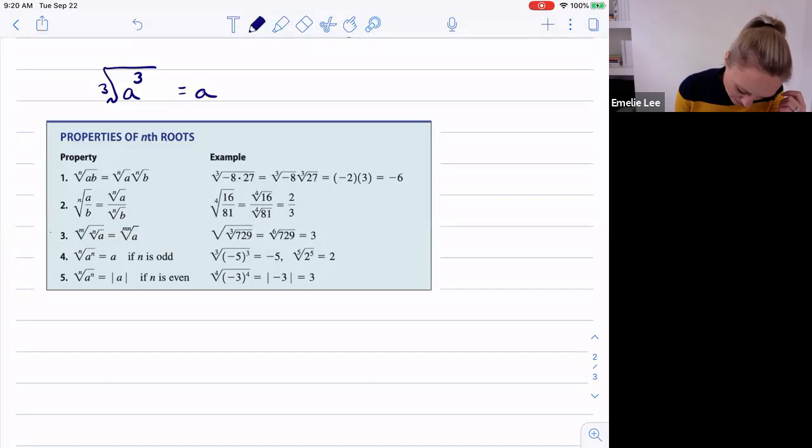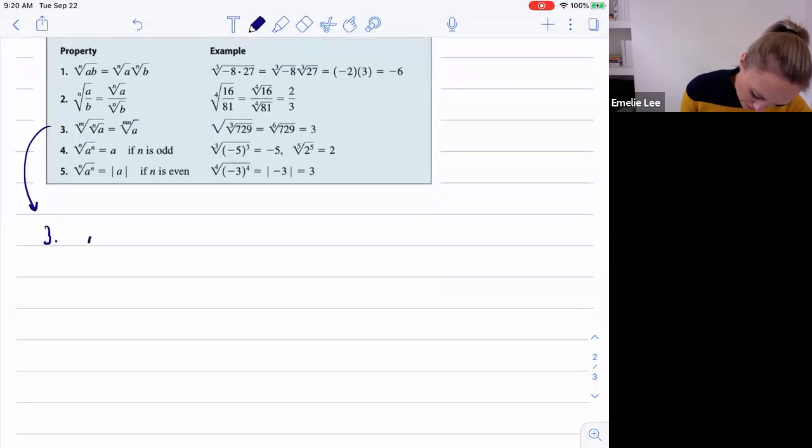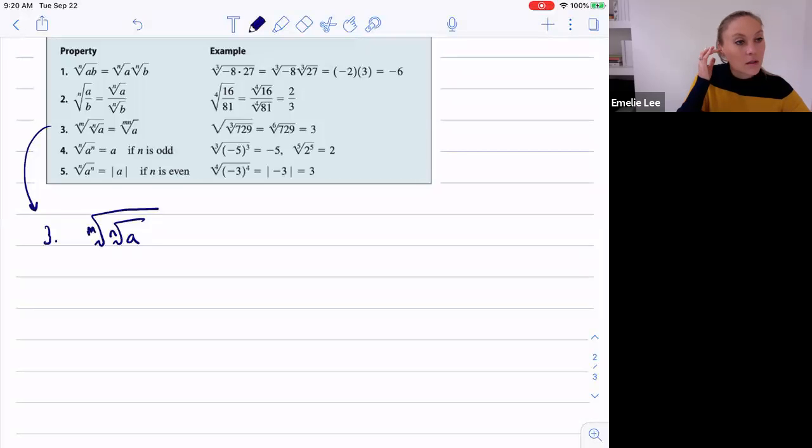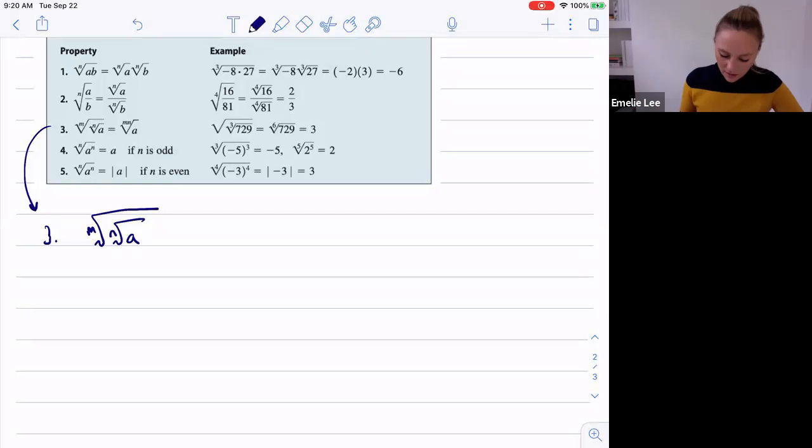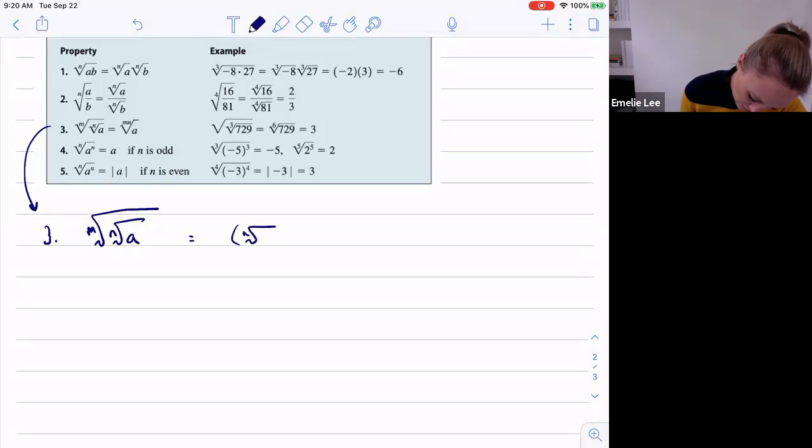So let's have a look at the third property. If I've got the mth root, here we go. Start with the nth root of a and then take the mth root of that. Just rewriting things in terms of exponents. I'm going to rewrite from the outside in, but you could easily just do it from the inside out. Doesn't matter. So I've got the nth root of a, to the power of 1 over m.